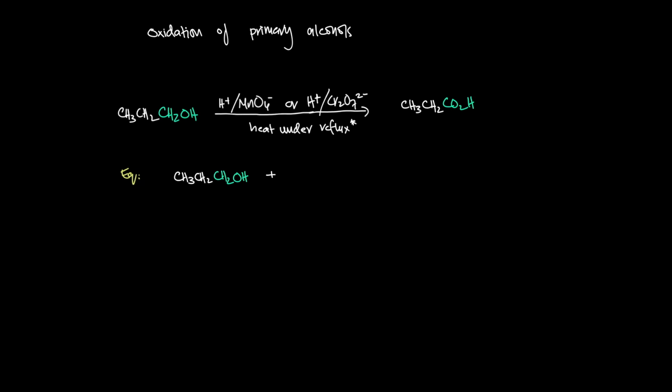The oxygen from the oxidizing agent can be represented as O in square brackets, which represents the oxygen from the oxidizing agent. What you end up making is CH3CH2CO2H, and you make H2O.